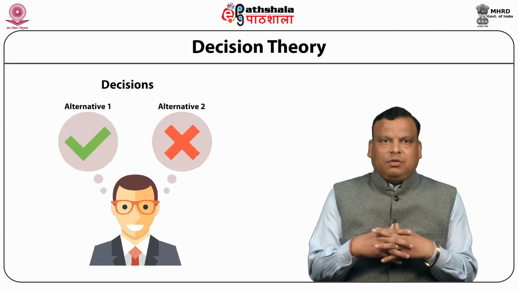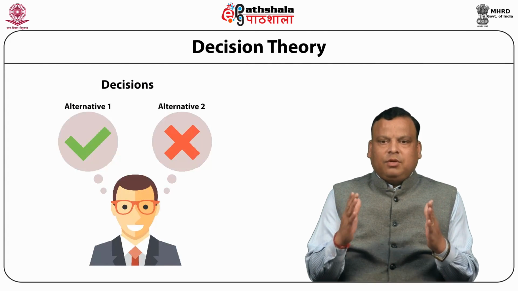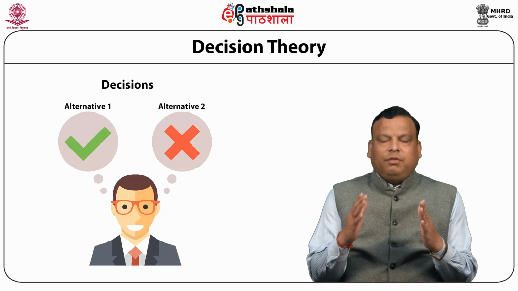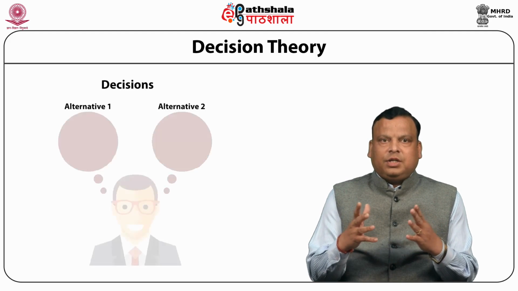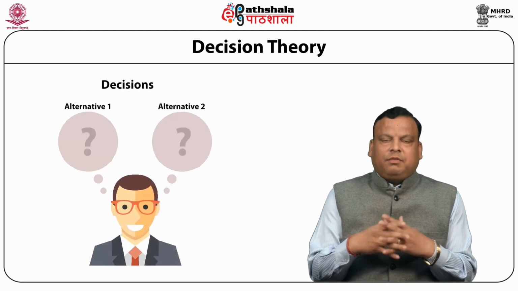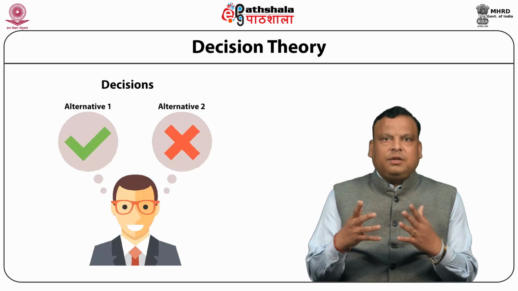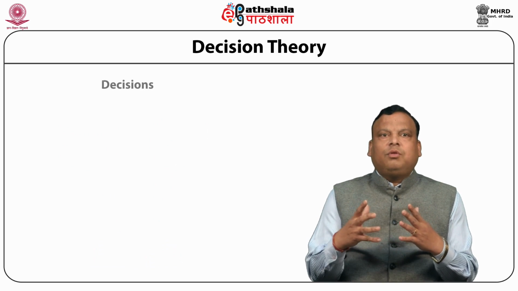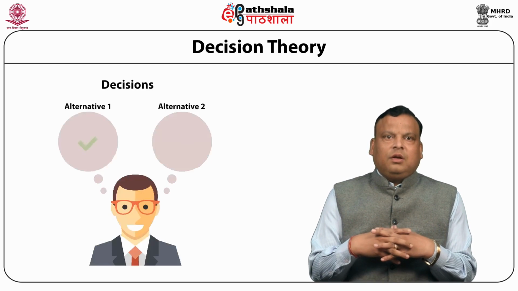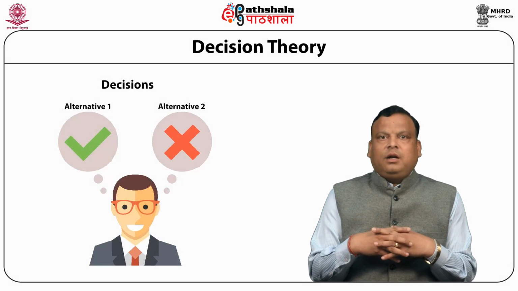As all of us know, decision making is the most important phenomenon in any business organization. Every manager, whether working at the top level or middle level, has to take decisions. And whenever we take any decision, we usually have two or more alternatives to choose from, and we always try to take the best decision.